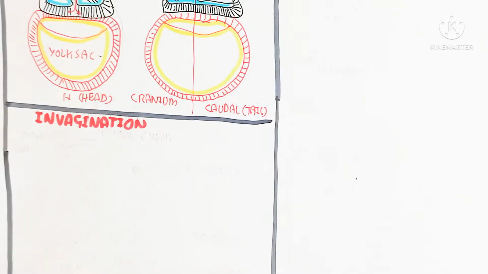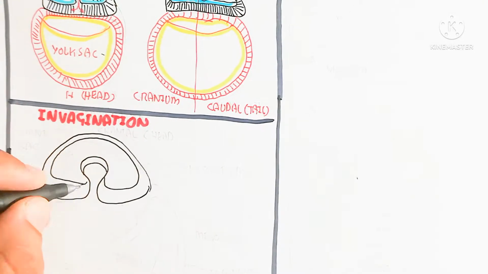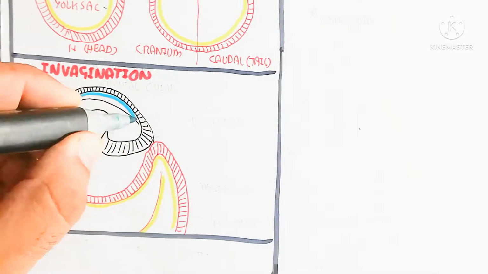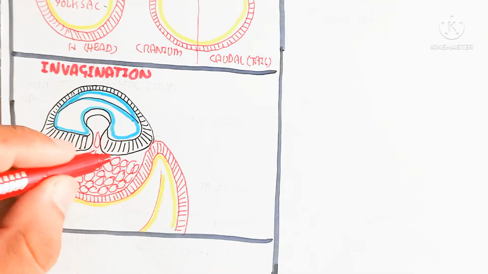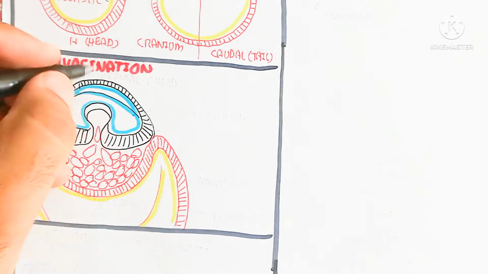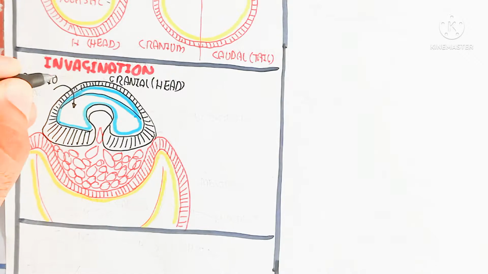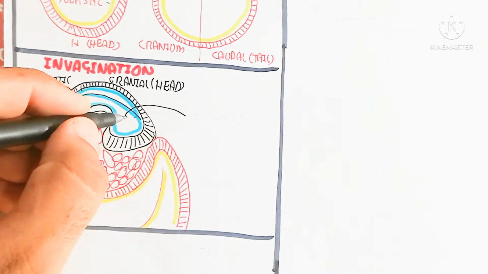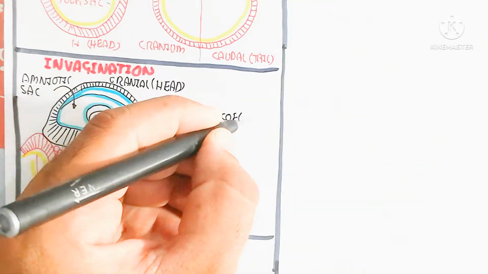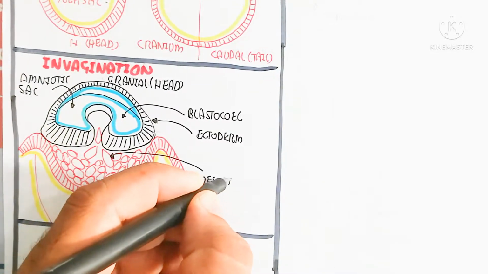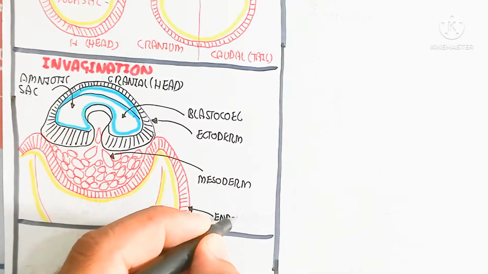After this, invagination begins during the 3rd week. The ectoderm, the blastocele-containing layer, which is basically the epiblast, invaginates inward to form a groove. This groove is known as the primitive groove and contains the primitive node.